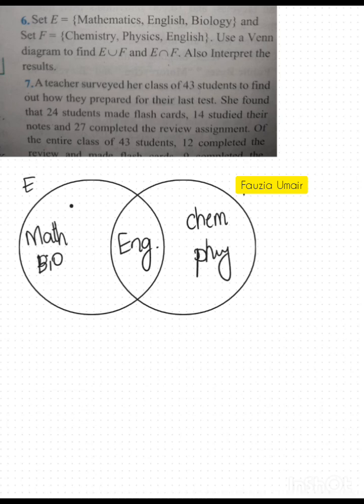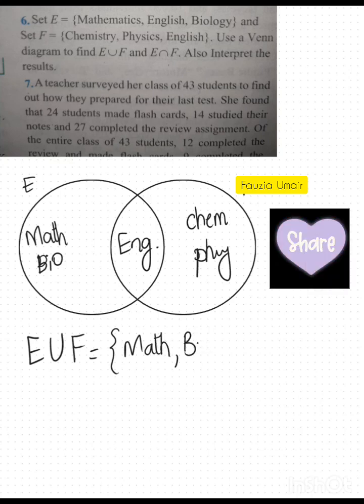So I will write down in set form E union F is equal to basically, union means all the elements of both sets, so math, bio. So Venn diagram is really helpful. You can see in front of you that there would be 5 elements. English is there, then there is chemistry and physics. So all the 5 subjects will come in the union of both sets.